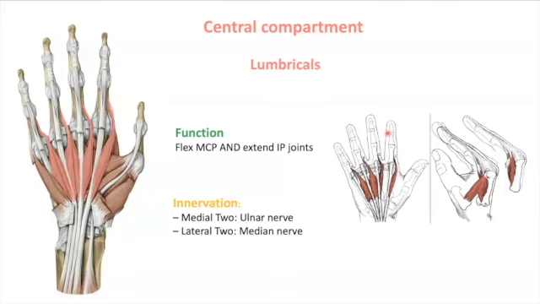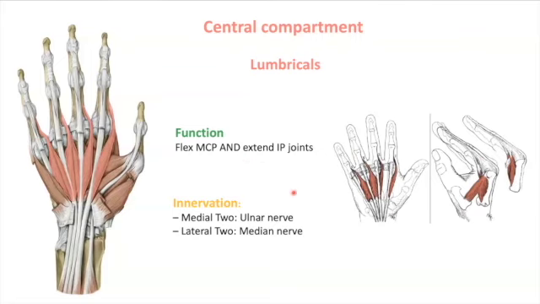So when these muscles contract, they will flex the metacarpophalangeal joint. And by pulling the extensor expansion hood, they will extend the interphalangeal joints. So they will extend interphalangeal joints and they will flex the metacarpophalangeal joints.